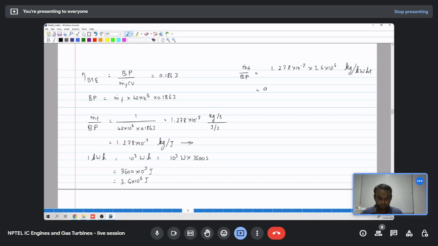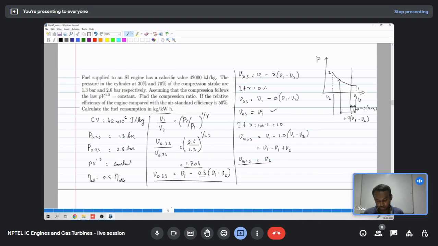So that is 0.46 kg per kilowatt hour. Any questions with the problem?